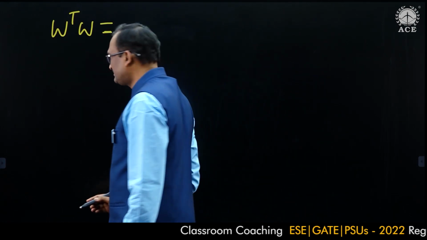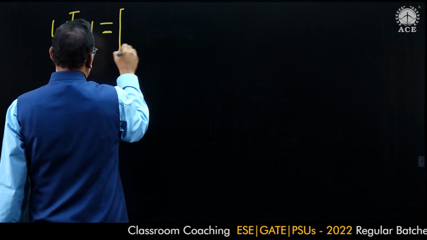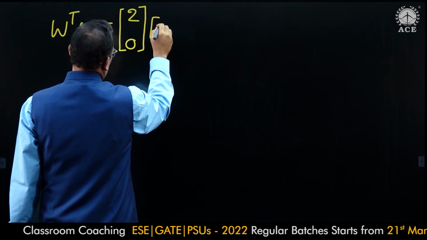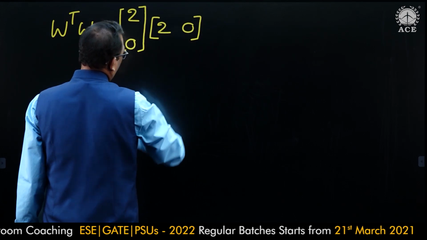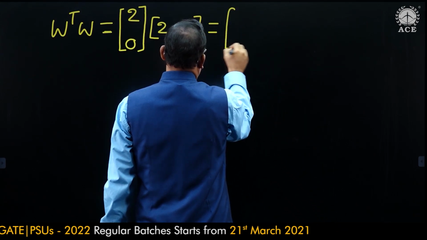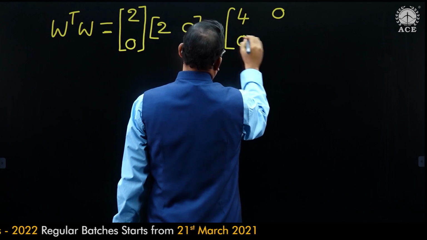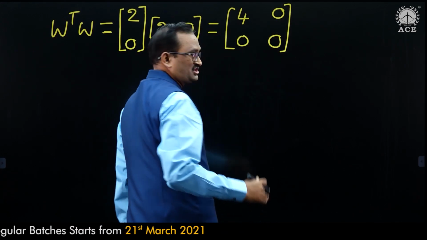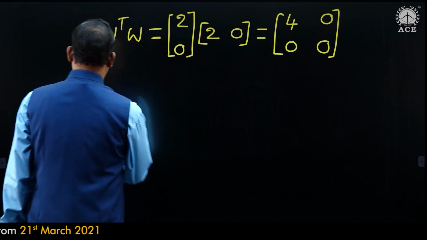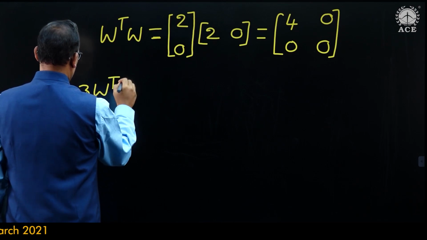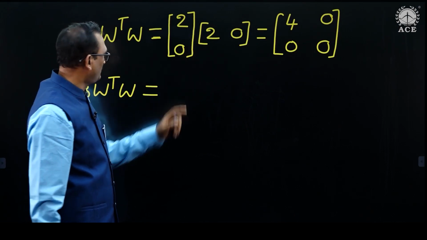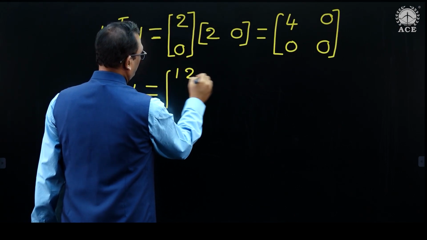W transpose means column matrix of 2, 0, and W means row matrix of 2, 0. Let us multiply these two matrices. This 2 into this 2, 4, 0, 0, 0. But we just need 3 times of W transpose into W. Multiply each and every element of the given matrix by 3, then it becomes 12, 0, 0, 0.